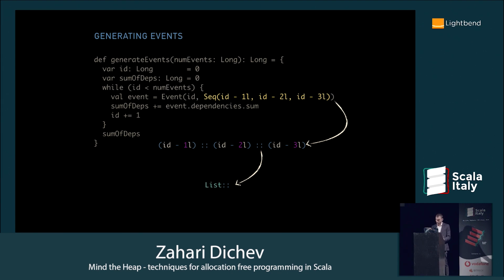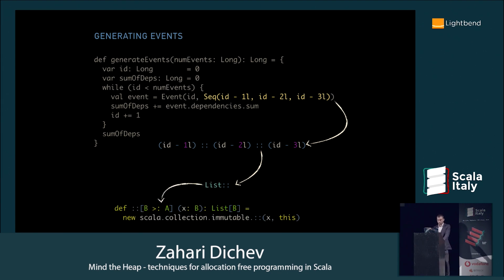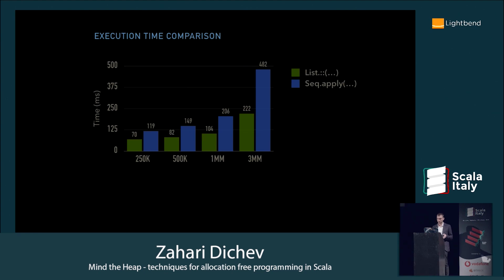The interesting bit is how much of a difference that makes. Do these list buffers getting allocated make quite a bit of difference in performance? And indeed, it does. If you benchmark and look at these results, you'll quickly see that when you're using Seq, you're significantly slower compared to just constructing the list directly.